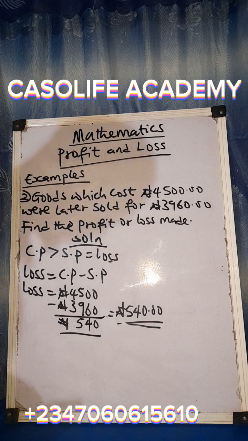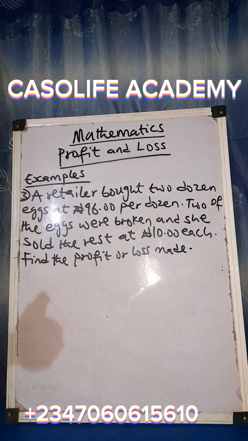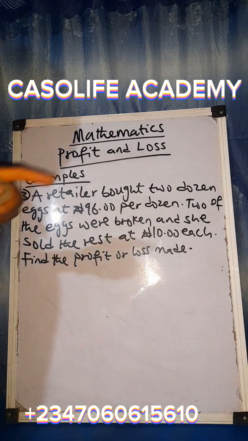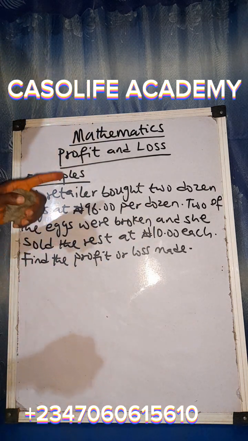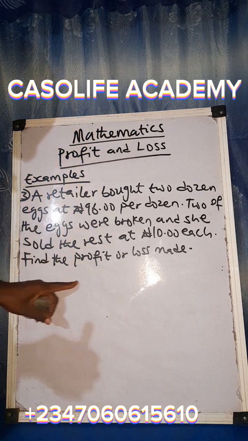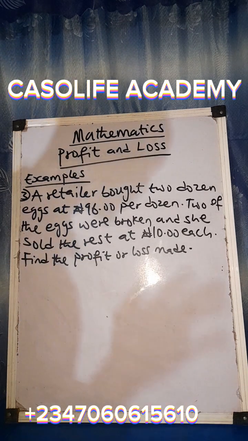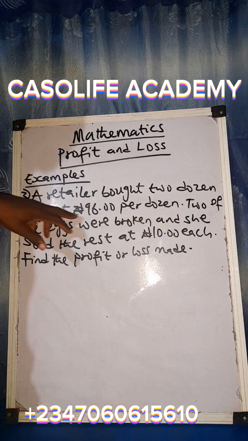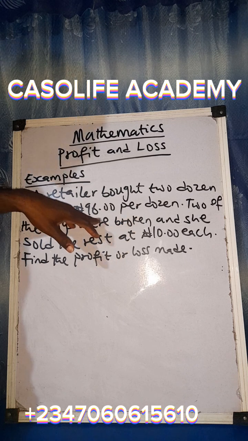So we now have another. A retailer bought 2 dozen eggs at 96 naira per dozen. 2 of the eggs were broken, and she sold the rest at 10 naira each. We should find the profit or loss made. Okay, so here the retailer bought 2 dozen eggs at 96 naira per dozen.